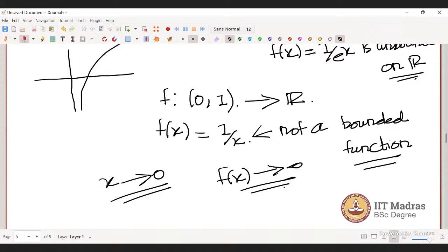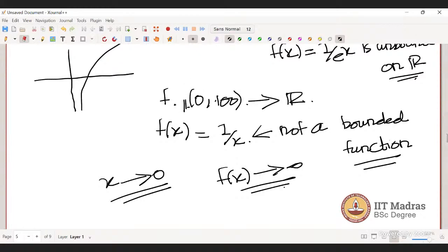The main point is that 0 is an open bracket. You can take 1, or maybe you can take 5, or 100 here. In any way, it is unbounded. It doesn't matter what you take on the right hand side, whether it's an open bracket or a closed bracket. The main point is the left hand side.